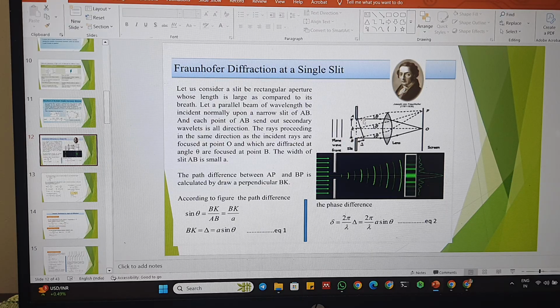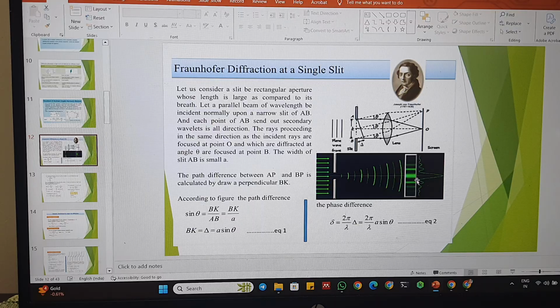And the diffraction phenomenon will happen through the lens and appears on the screen, that is P and O. Here we are using a lens. Here is the screen. Then here is the source of the light, and below there is another diagram from source to slit.